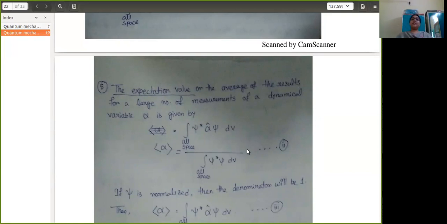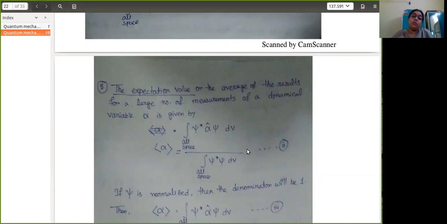So what happens in quantum mechanics when you measure some dynamical variable? For example, you are measuring the momentum of the particle with some mathematical operator. When you measure the momentum, you will get one value for one measurement. You do it again, you will get some other value.